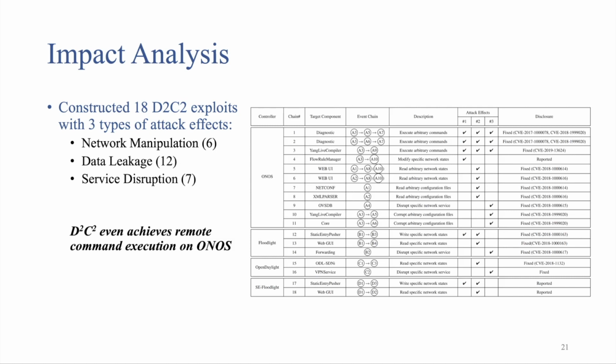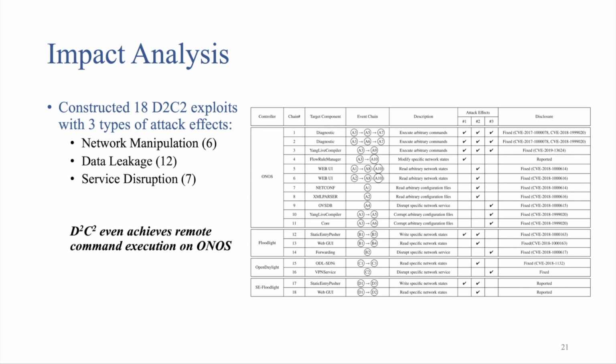And as shown in the table, in total, we identified 18 D2C2 chains, which lead to 3 serious attack effects. We find 6 chains that can be abused to manipulate the network, such as installing arbitrary flows or modifying some critical states. And we find 12 cases in which we can leak credential data from the controller.